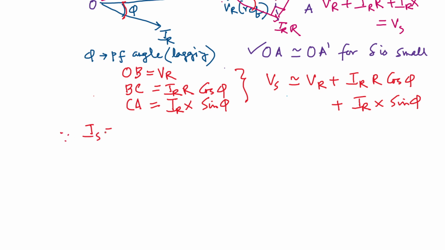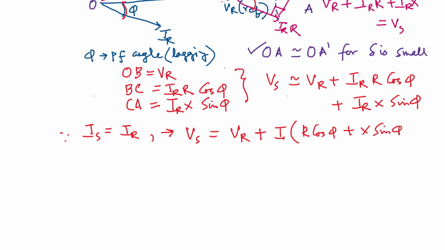Is is equal to Ir for a short transmission line. We can write Vs is equal to Vr plus Ir times (R cos phi plus X sin phi).